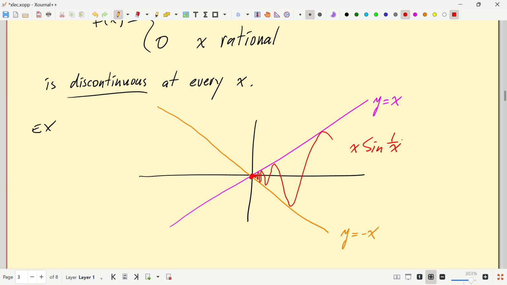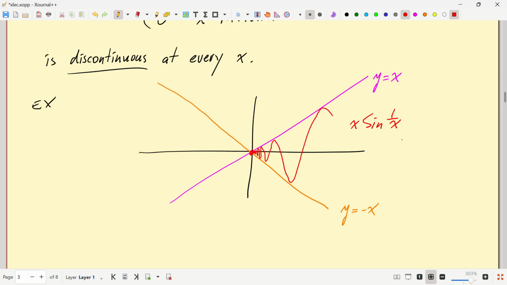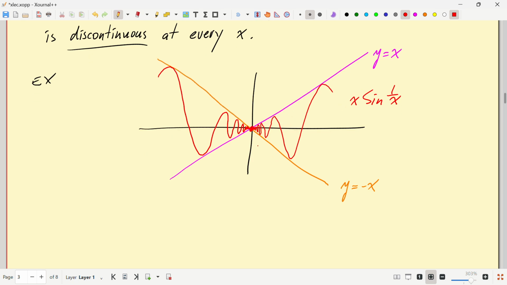And using the squeeze theorem like we did when we were studying sequences, you can show that x sine 1 over x is an even function. Because if I put minus x in there, I'd have a minus x in front, but sine of minus 1 over x would be minus sine of 1 over x. So it's an even function. It wiggles like hell, but it gets squished as it wiggles there. So that's continuous everywhere, including 0, if I define it properly.